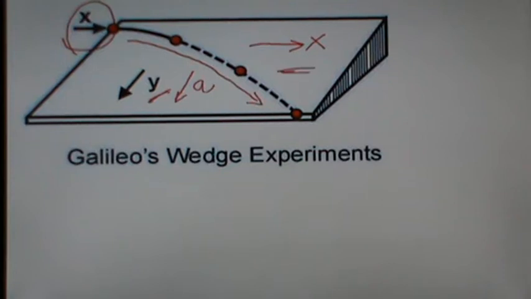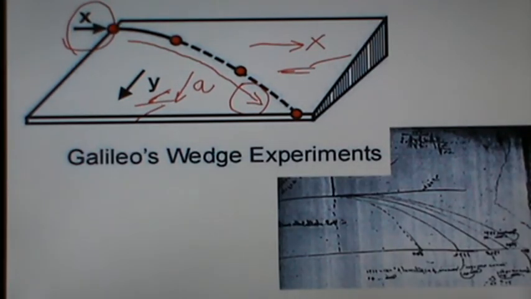Therefore, these two motions, a constant velocity in x direction and constant acceleration in y direction, are combined together, and then we have a parabolic path. Later we will see that we can solve the parabolic motion by simply separating the motion on each direction, x and y direction.